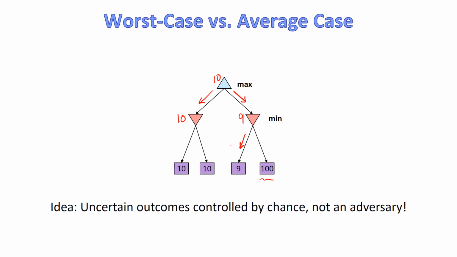But what if the opponent is actually not optimal? What if there is a chance that, if we make this decision, the opponent might make this other decision and go right here? If that's the case, we will get 100, right? If it's not the case, we will get 9, which is not very far from the 10 that we can get going this way.